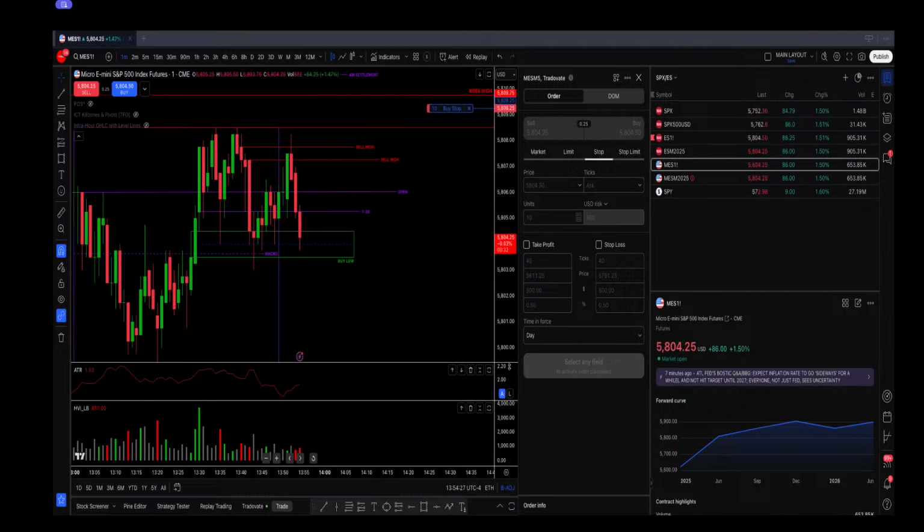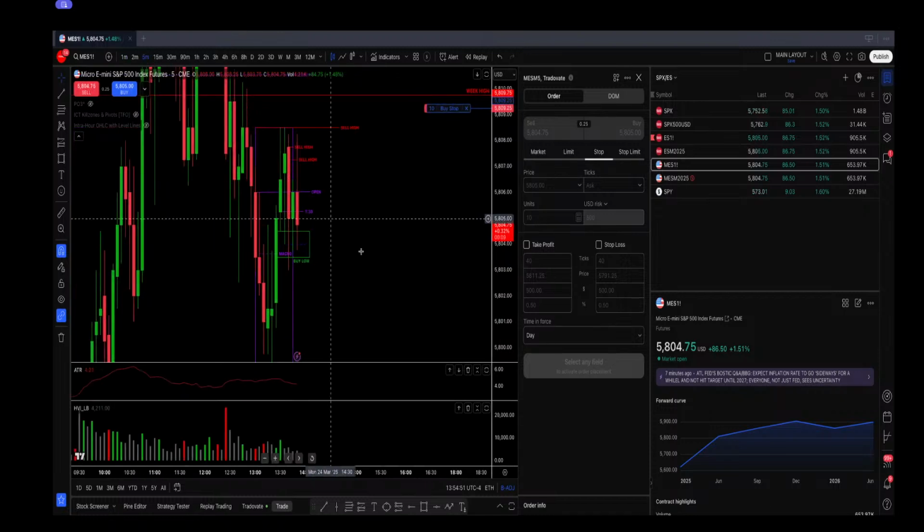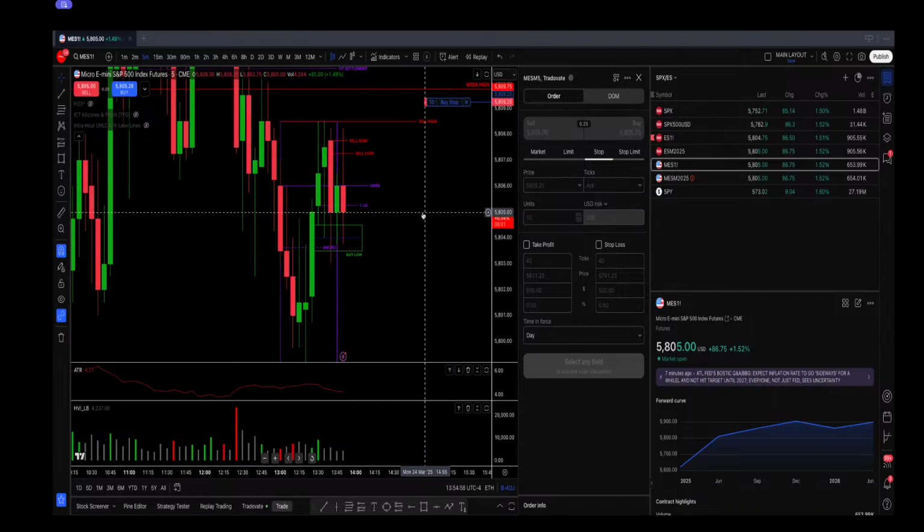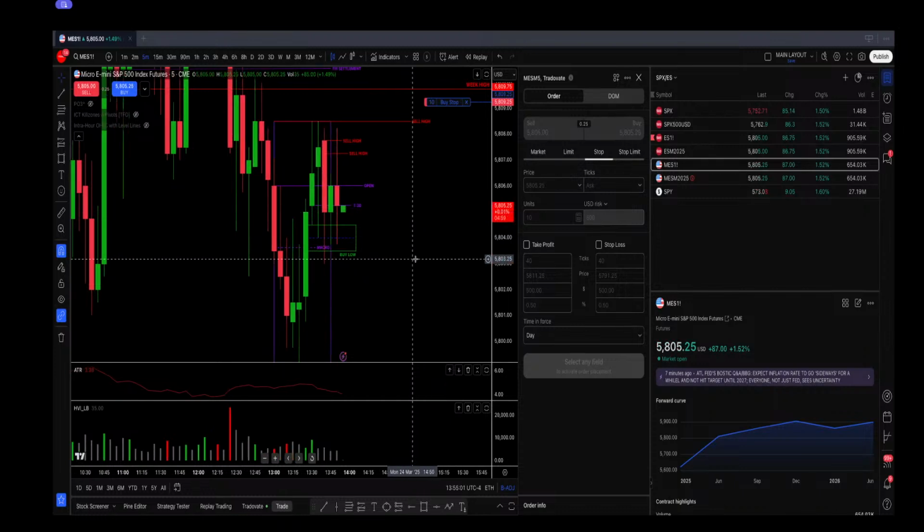And am I getting stopped out of this position or not? New 5 minute. Added volume there. Volume imbalance down there.